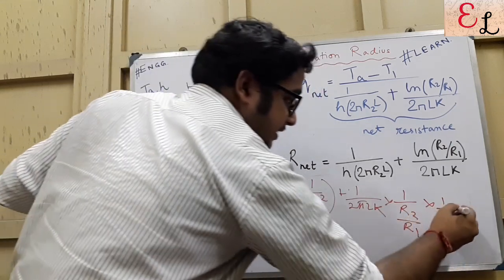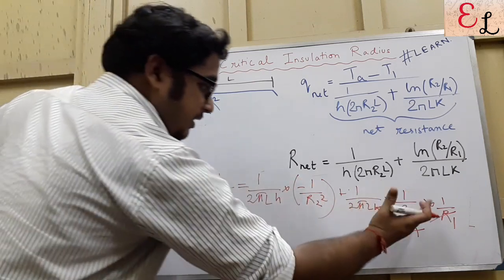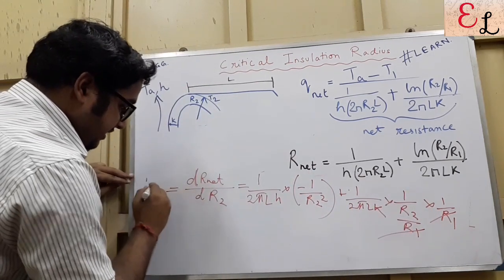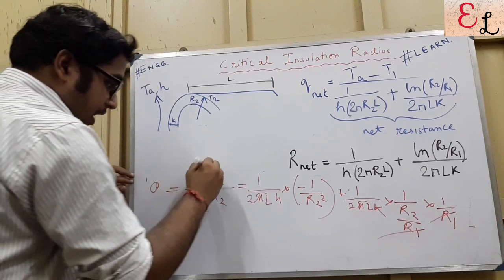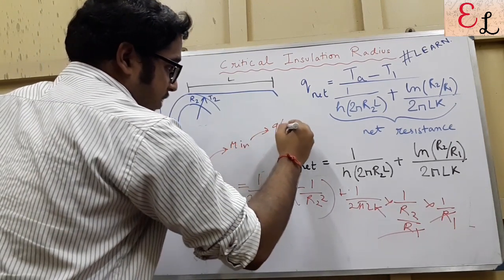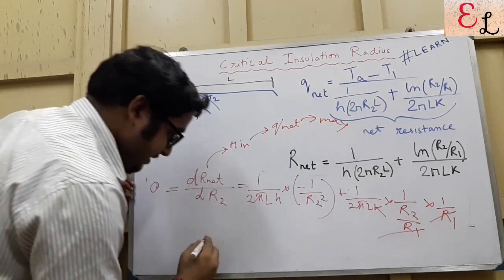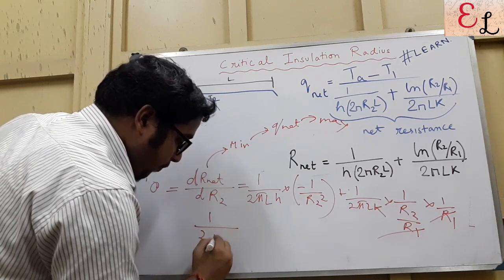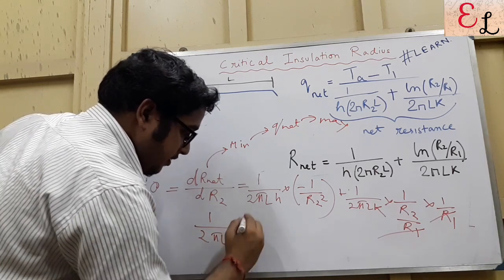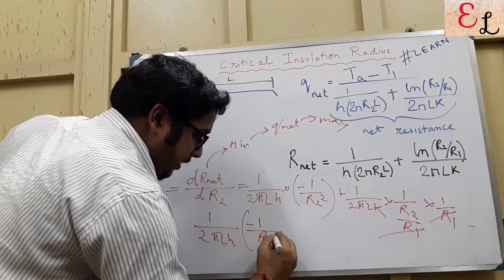So we see this R1 and this R1 get cancelled, and what remains, if we take this to this side, considering this as 0 for R net minimum and Q net maximum, is 1 by 2 pi L H into 1 by R2 square.